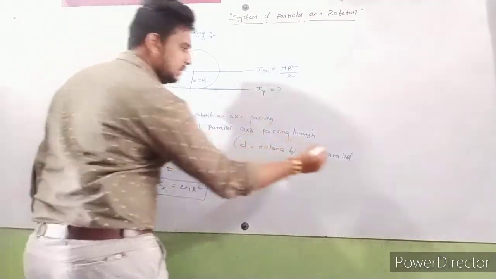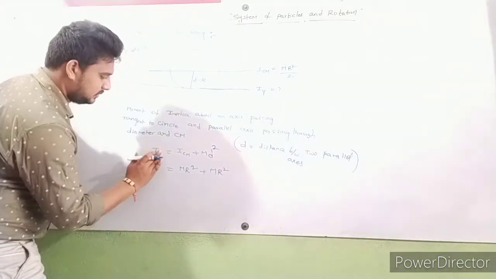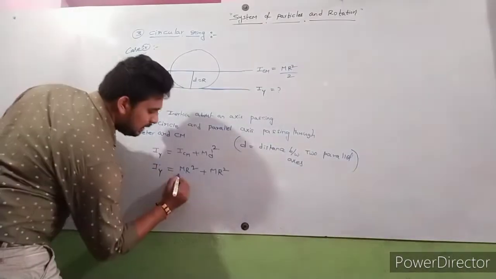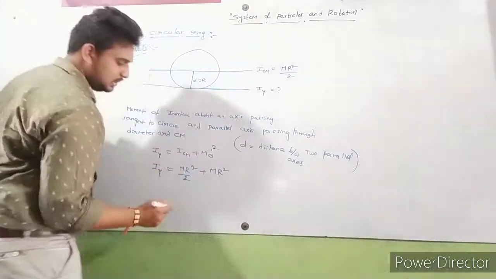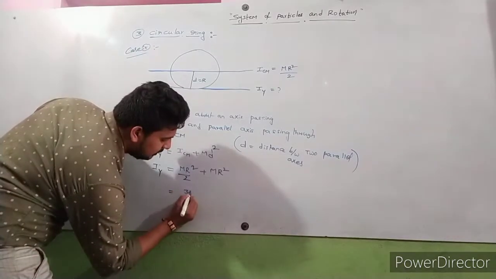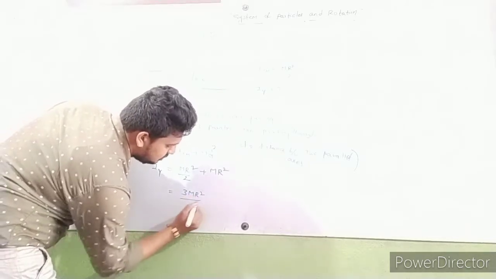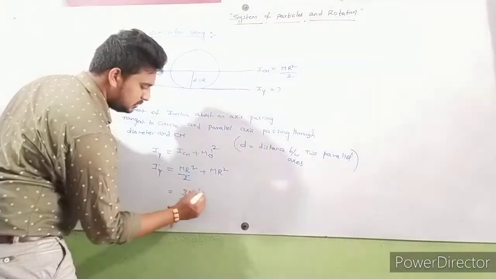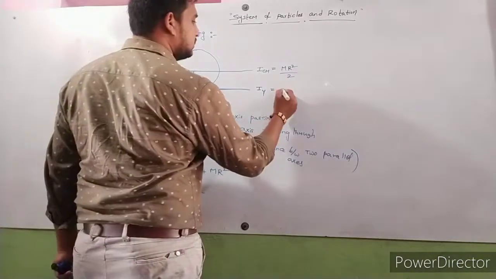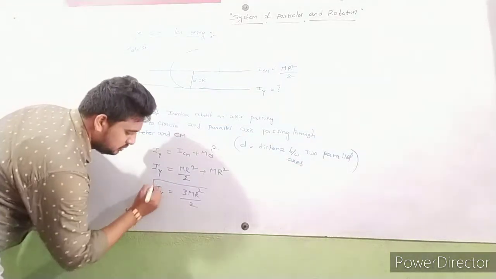D is equal to the distance between parallel axes. So Iy is equal to ICM plus md square, which is mr square by 2 plus mr square, so we got 3 mr square by 2.